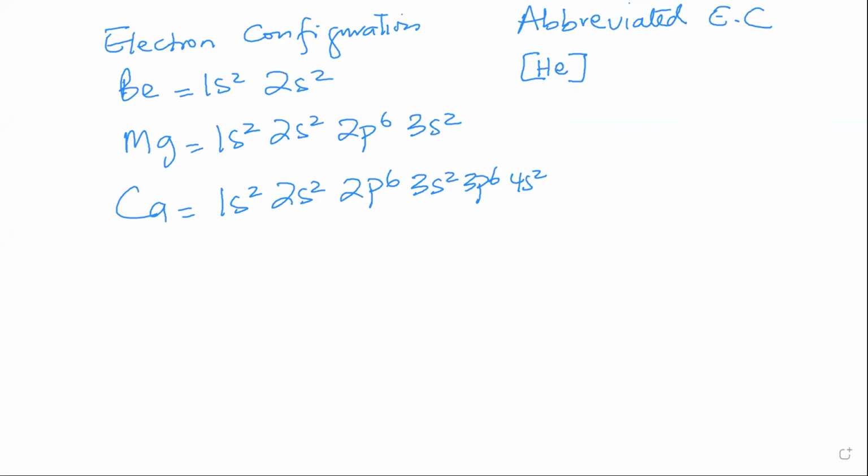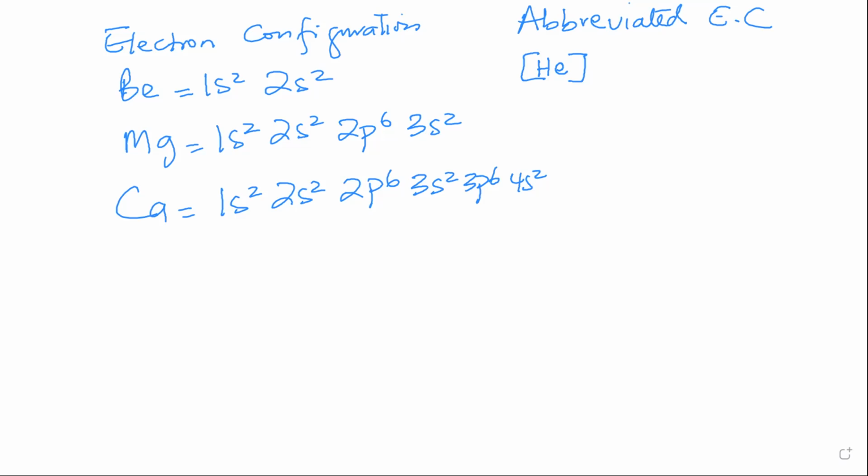Now, instead of starting from 1s2 in the abbreviated electron configuration, we start from helium. Why? Because we start from the noble gas before beryllium. Noble gases are group 18. We can only use the noble gas in writing this abbreviated electron configuration. That's why sometimes it's called noble gas notation.